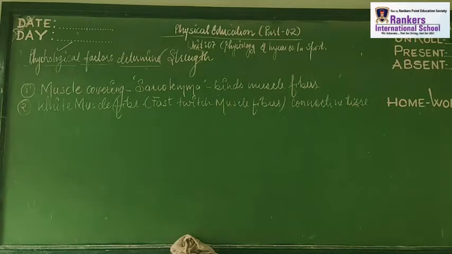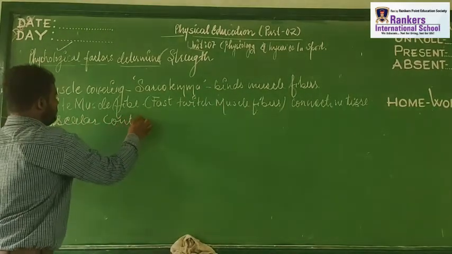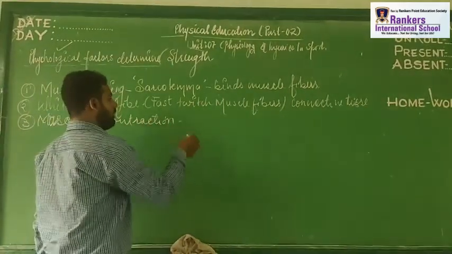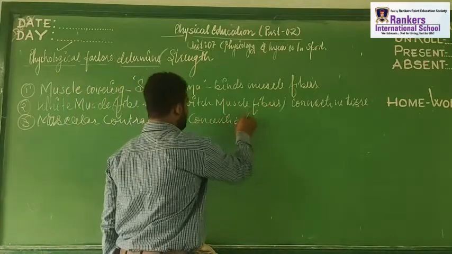If we talk about the third point, that is muscular contraction. What is muscular contraction? There are two things in muscular contraction: concentric and eccentric.